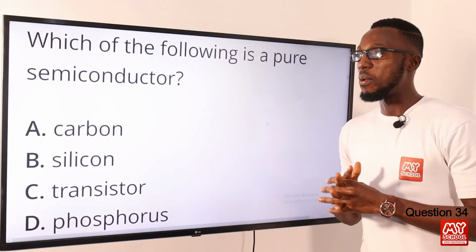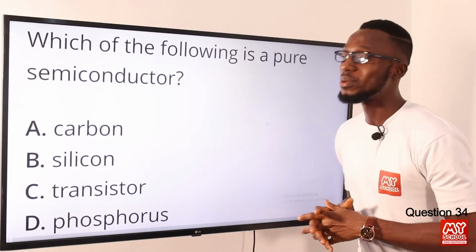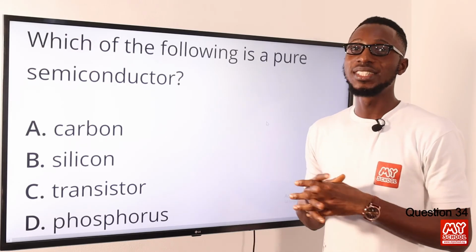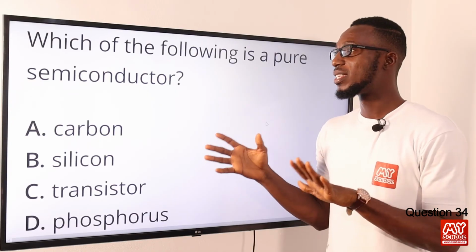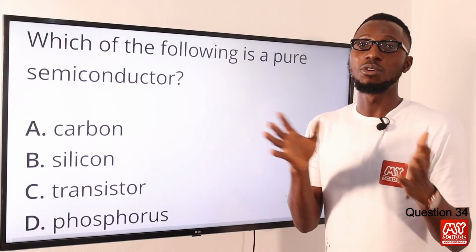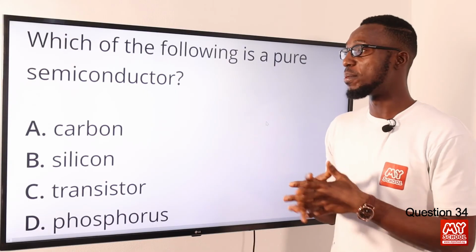Number 34. Which of the following is a pure semiconductor? At first, let's talk about semiconductors briefly. We are talking about substances whose resistivity is in between that of conductors and insulators. You can find them in group 4 of the periodic table.